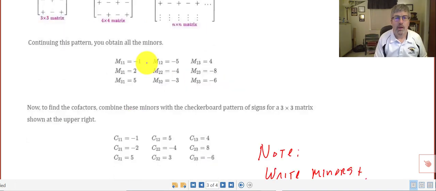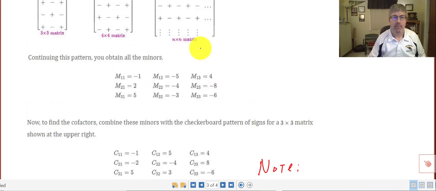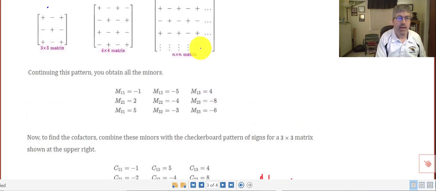So now that I have all the minors listed here a second time, and I have my sign pattern listed above, I can apply my sign pattern for my 3 by 3 matrix to my minors to get my cofactors.